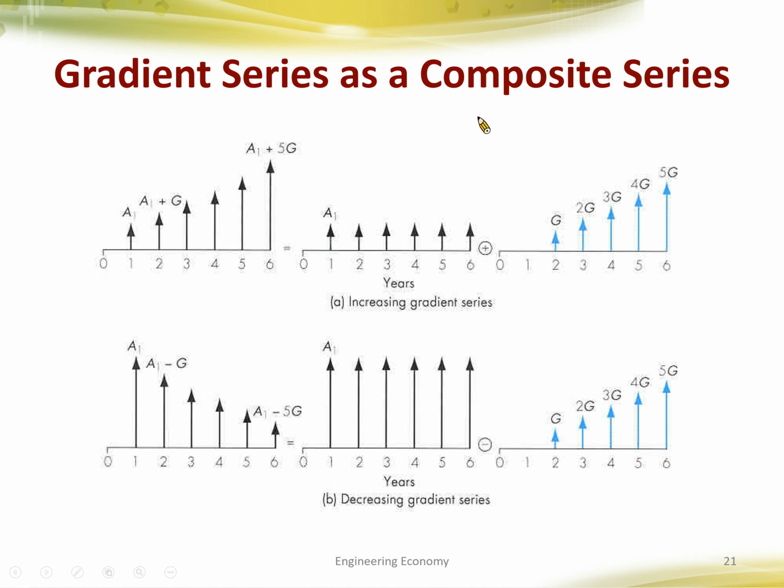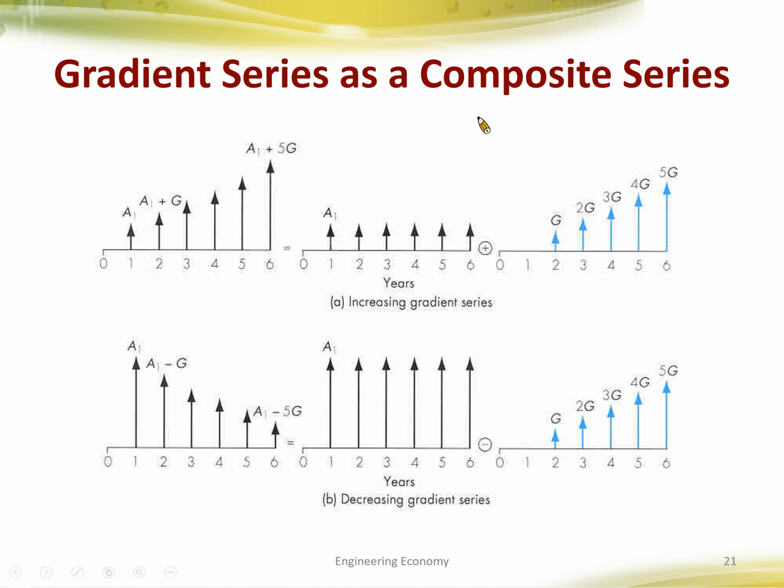However, if you think of it, such a series can be divided into two series, which added together will come to it. So you can see that for that series, if we subtract every cash flow by A1, okay, so we have this A1 series.